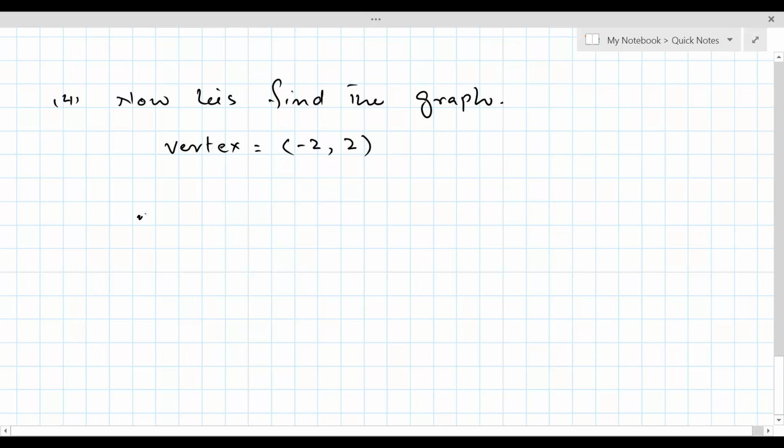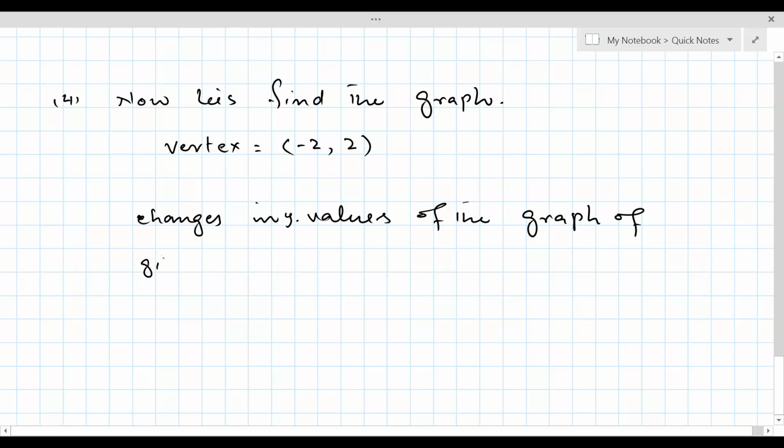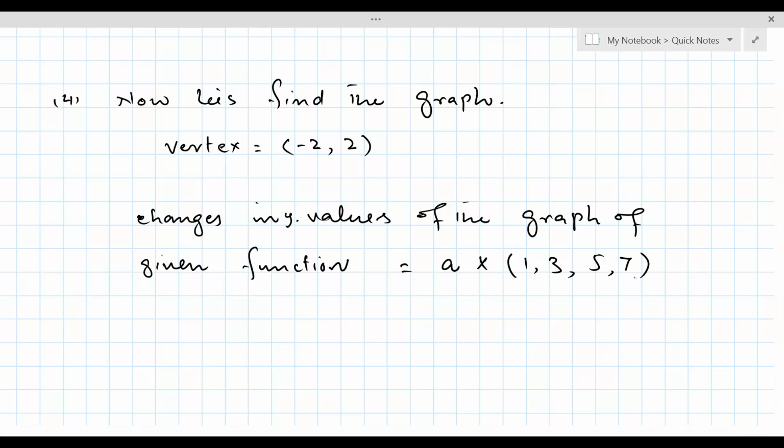Now the changes in y values of the graph of the given function are equal to a times 1, 3, 5, 7, because the changes in the y values of the base graph are 1, 3, 5, 7.